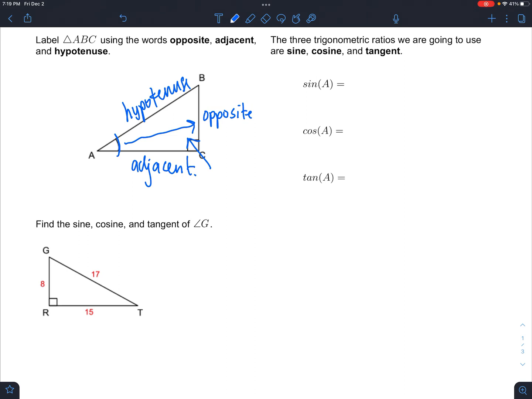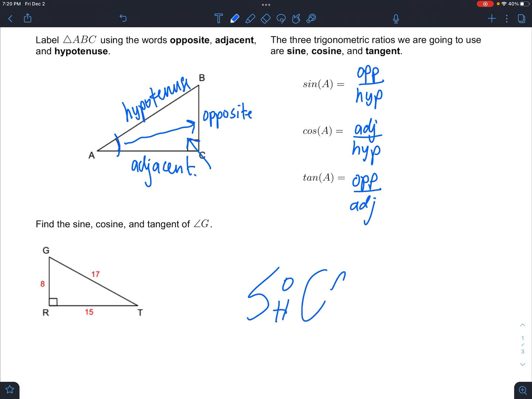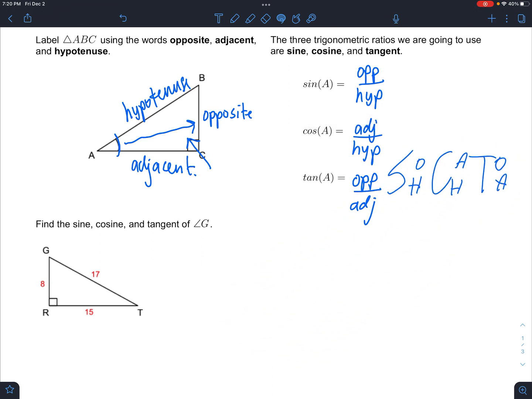And you'll be given these ratios, but sine is opposite over hypotenuse, cosine is adjacent over hypotenuse, and tangent is opposite over adjacent. Okay, we simplify that with SOHCAHTOA, which kind of has all the first letters ready for you, and you've probably heard that before.